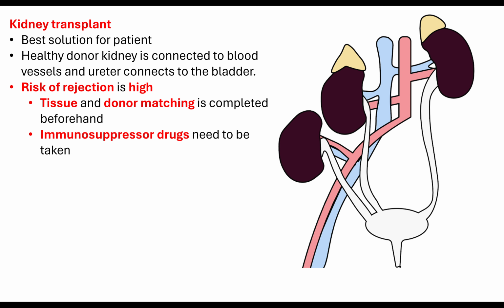Those immunosuppressant drugs are going to suppress the immune system to reduce the risk of rejection. That means there is a risk of other infections that could have an effect on the body. So it's pros and cons you need to consider if they're going to ask you a question on this.